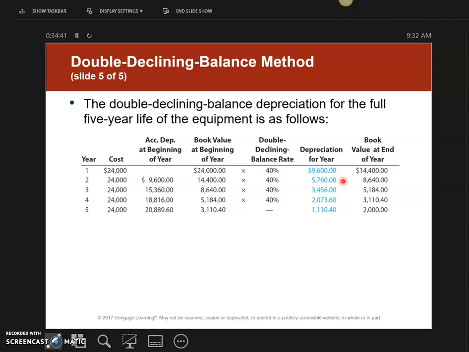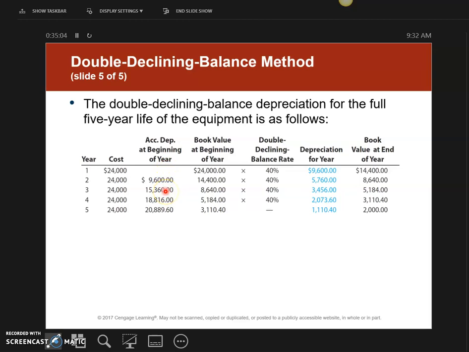Now my book value at the end of the year, I'm going to take $14,400. I'm actually going to subtract this number and I'm going to get $8,640. Or I can go over here. This is my accumulated depreciation account. I started with 0. The first year it was $9,600.